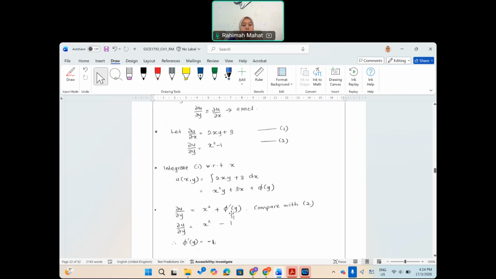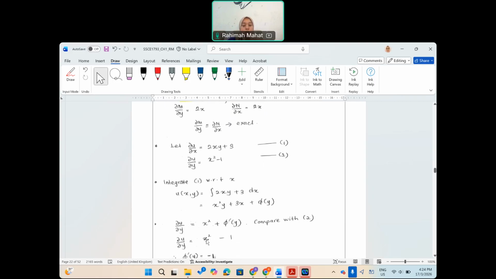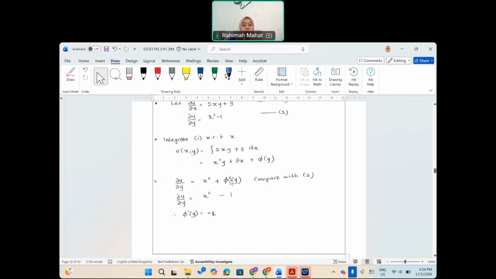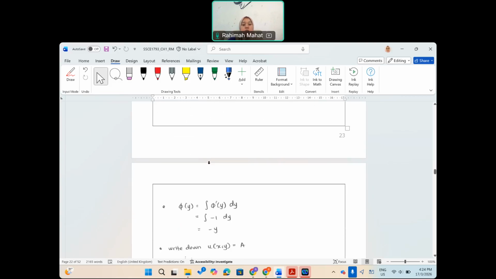Okay, and then your delta u over delta y is equal to x squared minus 1, so you compare with 2. From here, we can see that phi prime(y) is equal to -1 if you compare both equations.